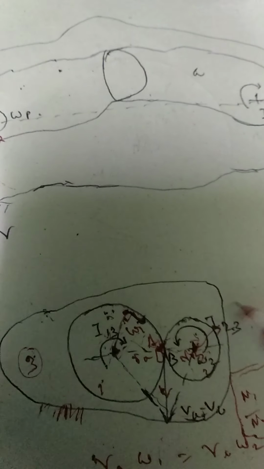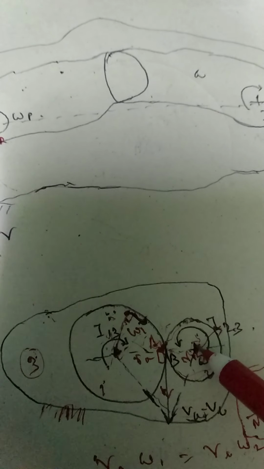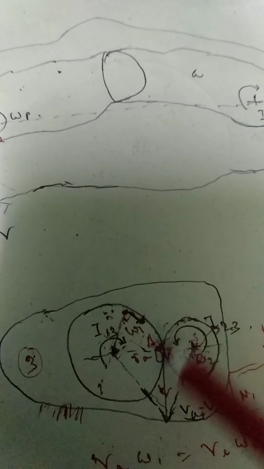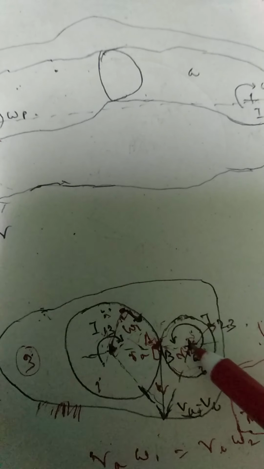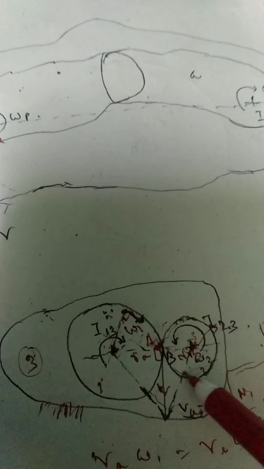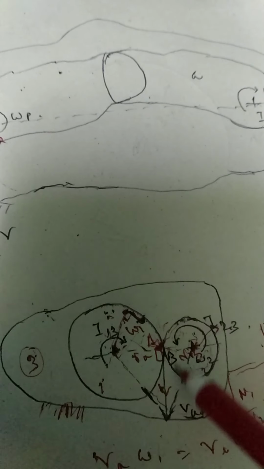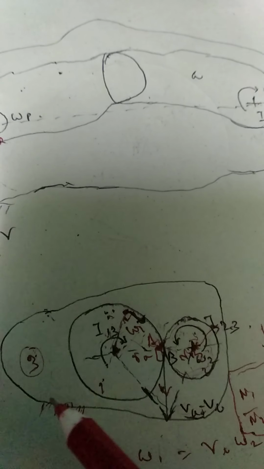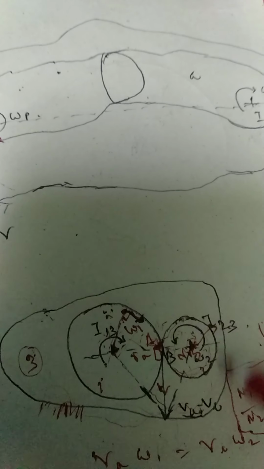The same is also true for body 2. The relative velocity of body 2 with respect to body 3 at the I center, I23, will be 0, but all the other points on this body will have some fixed velocity, because body 3 is fixed.